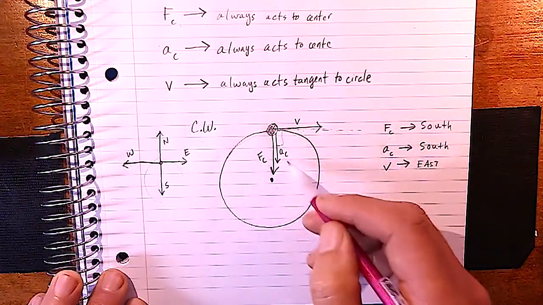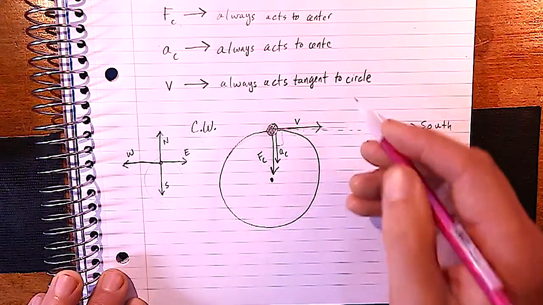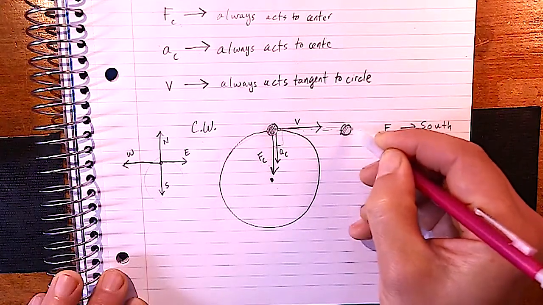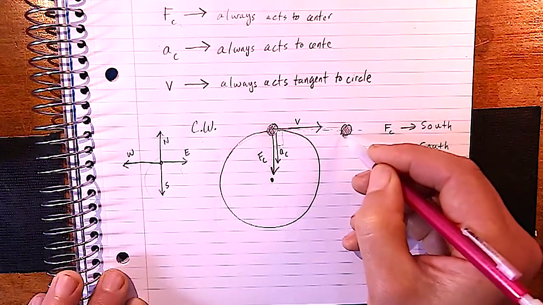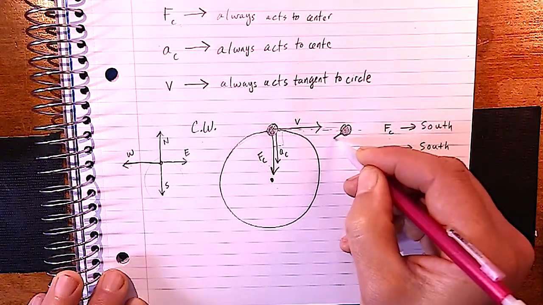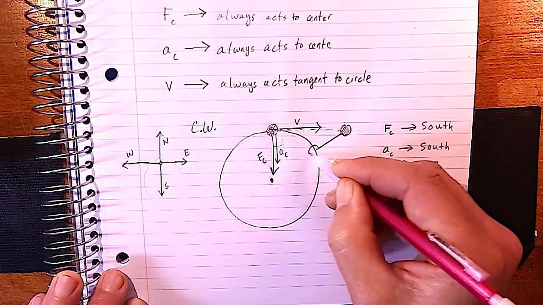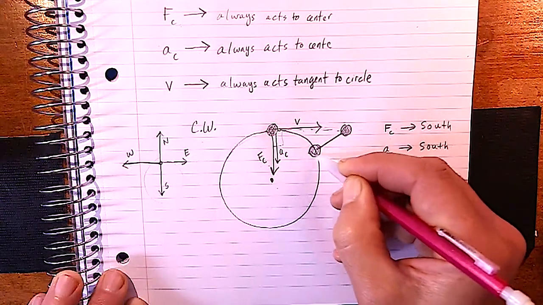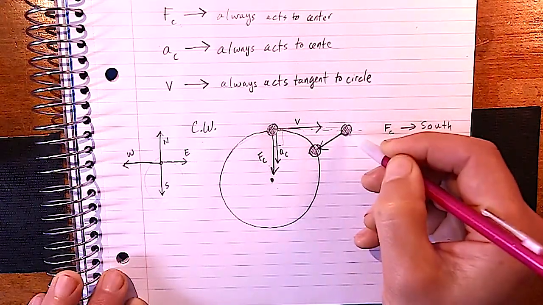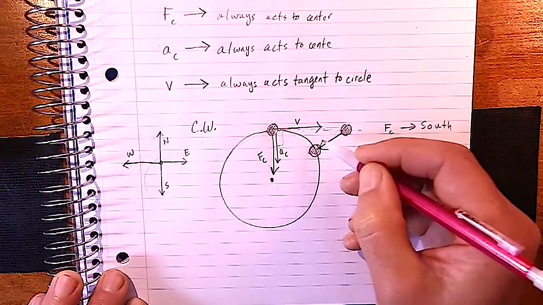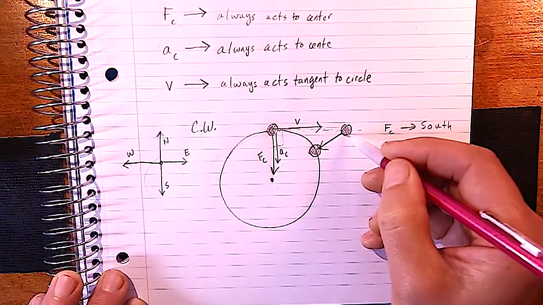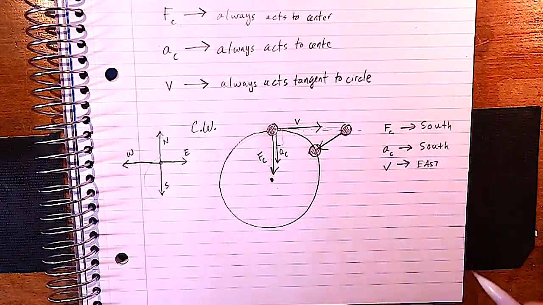So if there was no centripetal force, the ball would move out to a position here. Well, what did that centripetal force do? It moved the ball towards the center of the circle to here. So in actuality, the ball was moved toward the center of the circle. It's just moved from where it would have gone if there was no centripetal force.